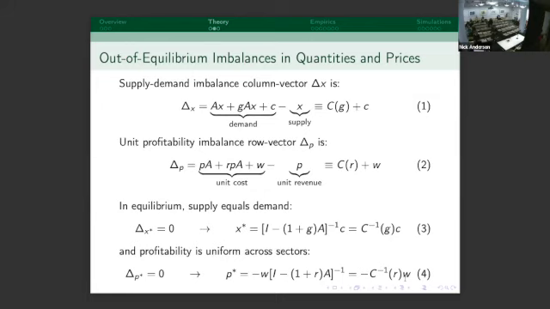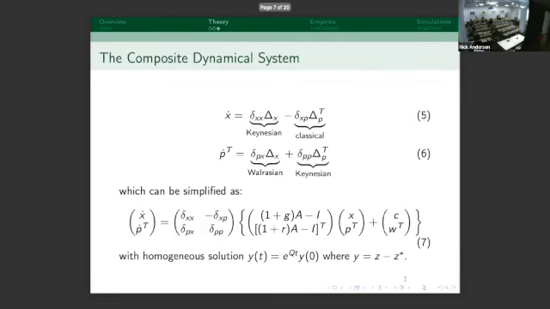Going further, with these imbalances, then you can define the dynamical system. What you can find is that the cross-dual effects are the classical Walrasian effects, where the imbalance in prices triggers a change in quantities, and the imbalance in quantities triggers a change in prices. And you also add the Keynesian dual effects.